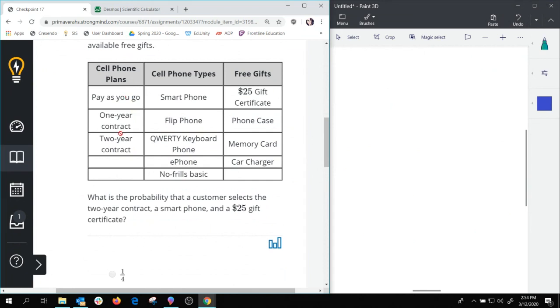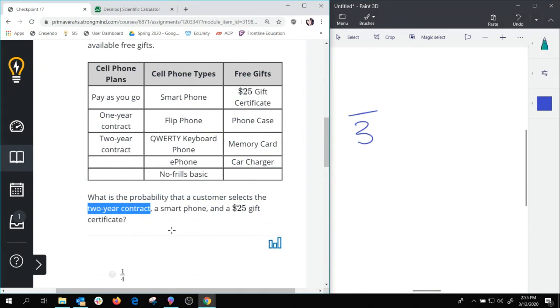So he has 3 cell phone plans to choose from, right? Pay as you go, 1-year contract, and 2-year contract. So he has 3 total cell phone plans to choose from. Out of those 3, how many of them are a 2-year contract?